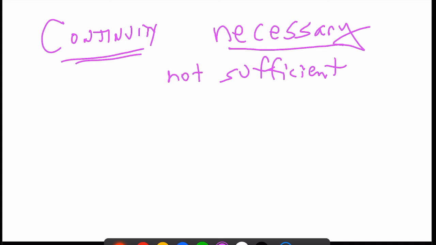Right? If the function is not continuous, we can't take a derivative. If it is continuous, it still might have a problem that prevents us from solving the problem. Okay? But it's continuous.